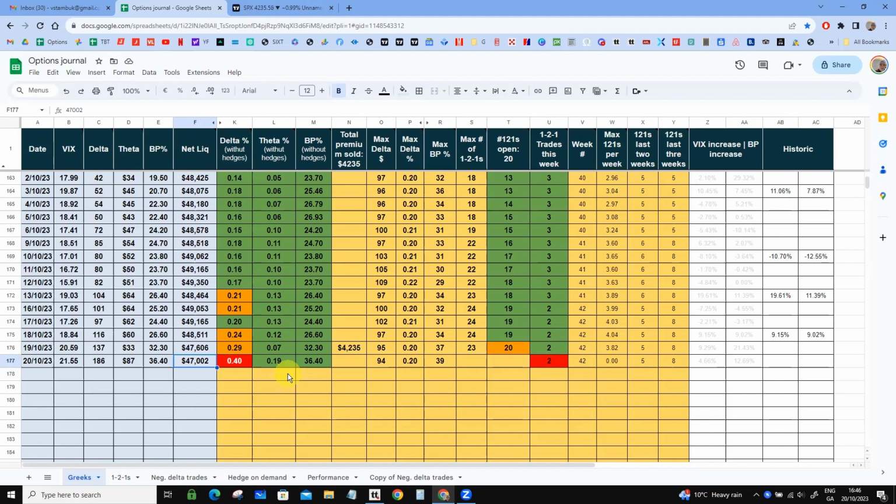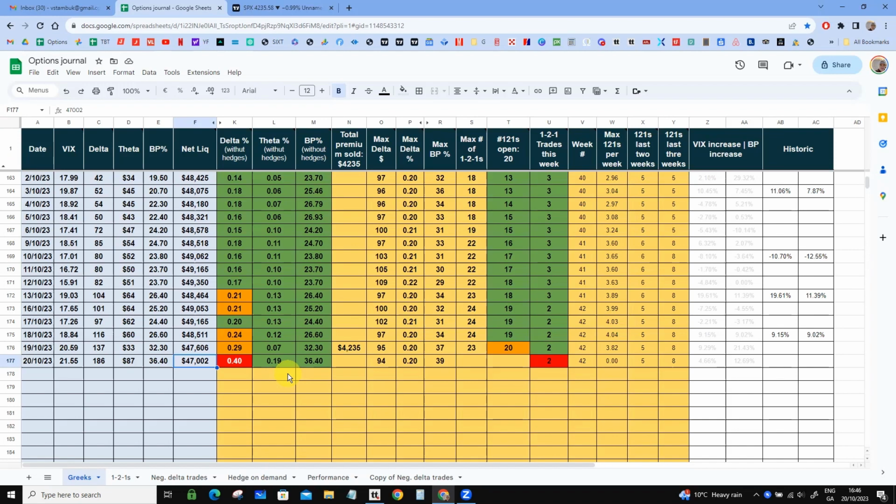I'll talk about it just briefly after this. But I don't want delta to influence that too much, and I'm going to allow delta going forward to increase a little bit more and not stop me from putting the trades on when I feel it's needed.